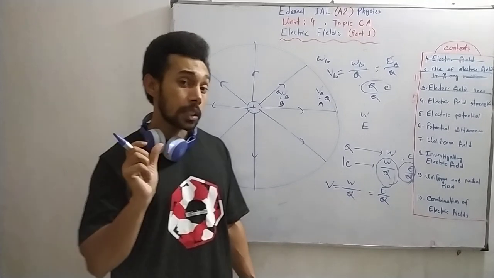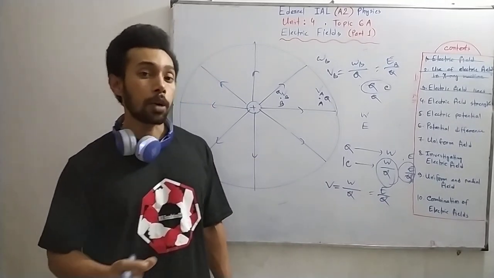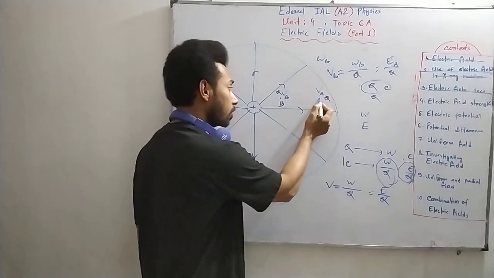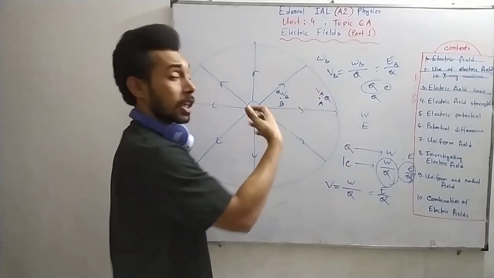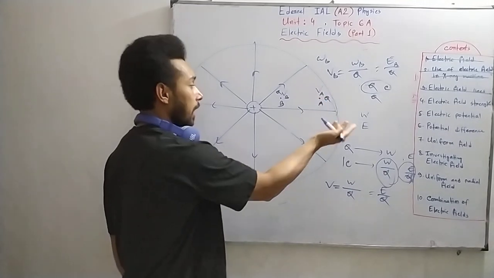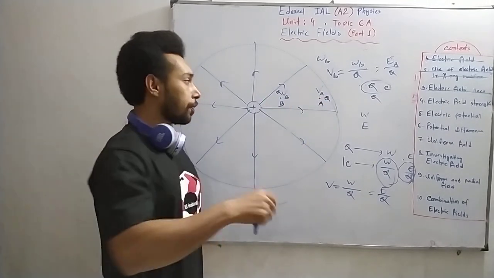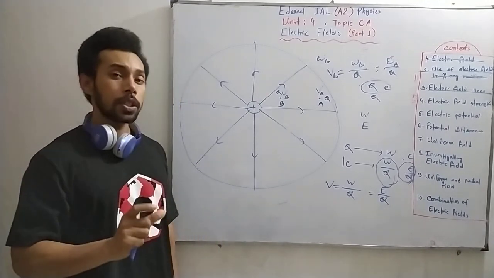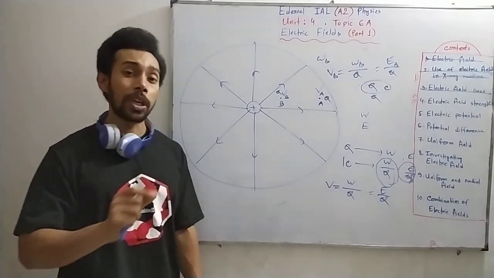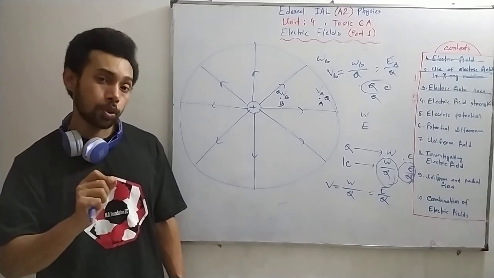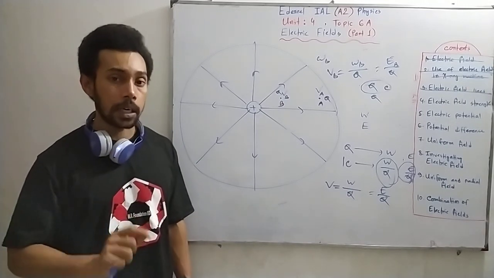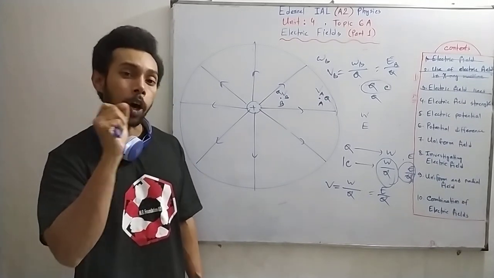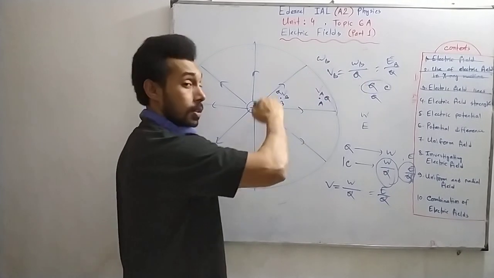So what is the definition of the electrical potential? The electrical potential is defined either for point A or point B. For any point, the electrical potential of a particular point within an electric field is defined as the work done or energy transferred to unit coulomb charge to bring it onto that point from infinite distance.